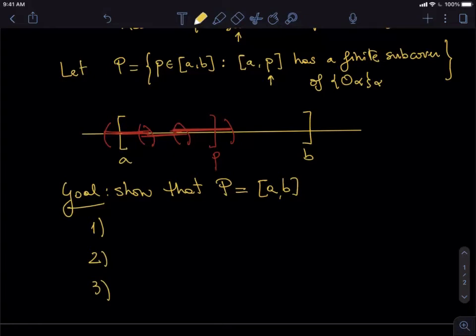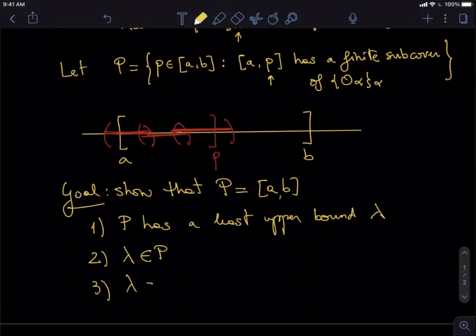We are going to show that P is not empty and that P has a least upper bound. Let's call it lambda. The second step is to show that the least upper bound lambda belongs to the set P. And the last step is obviously to show that the least upper bound lambda equals b.